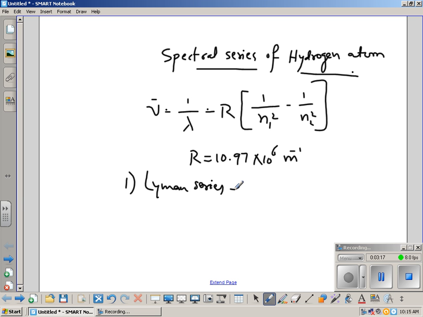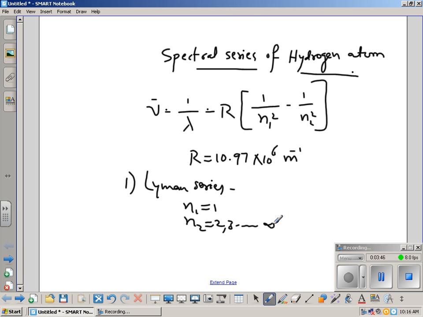When the electron jumps from outer orbits to the first orbit or Kth orbit, some radiation is emitted that belongs to the Lyman series. So you can take n1 is equal to 1, n2 is equal to 2, 3, and so on up to infinity. You can substitute the values in the equation and get the wavelength of the first spectral line, second spectral line, and so on.